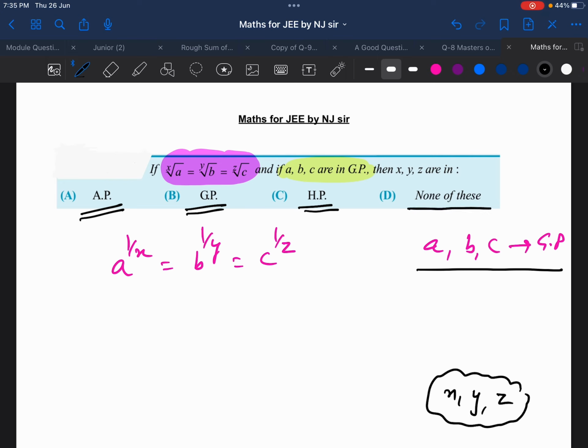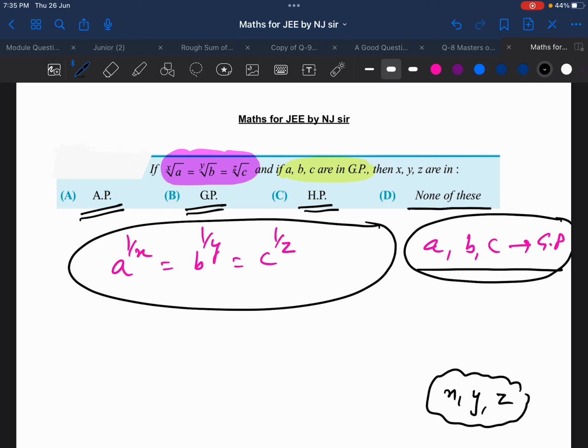Means we have to see according to given two conditions that A, B, C are in GP and a raised to power 1 by x equal to b raised to power 1 by y equal to c raised to power 1 by z. If it is given, then what can we say about x, y, z, whether they are in AP, GP or HP.